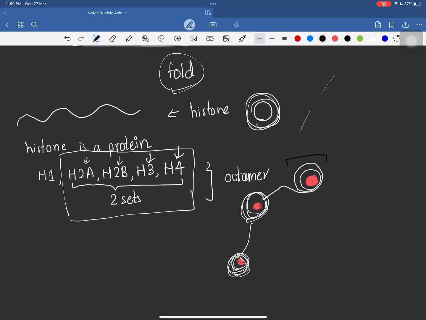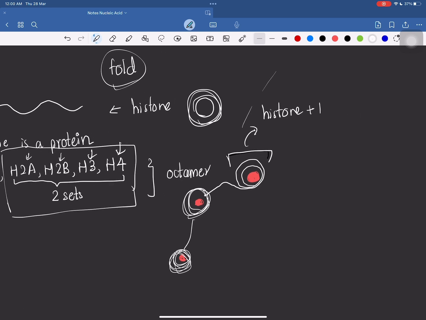So now we have histone together with DNA.